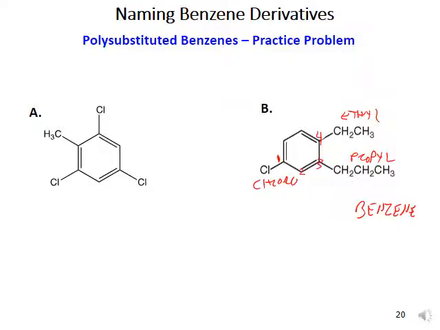So we've got 1 chloro, 4 ethyl, 3 propyl, benzene. That's it. Not too shabby, not too bad. Remember, it's not putting the substituents on by number. It's putting them on by alphabetical priority. Okay, practice, practice.